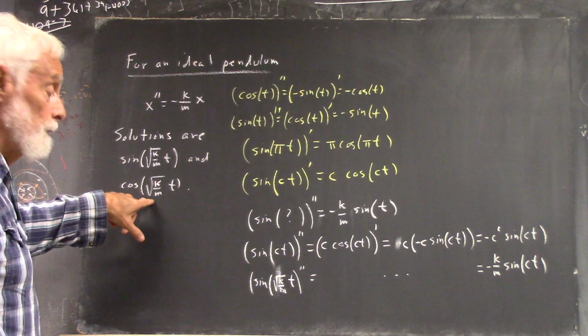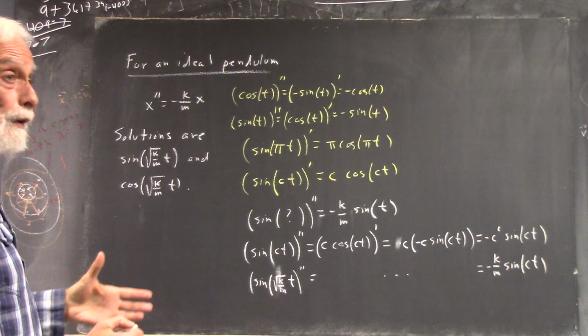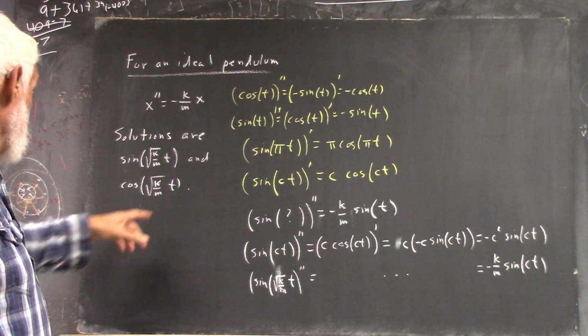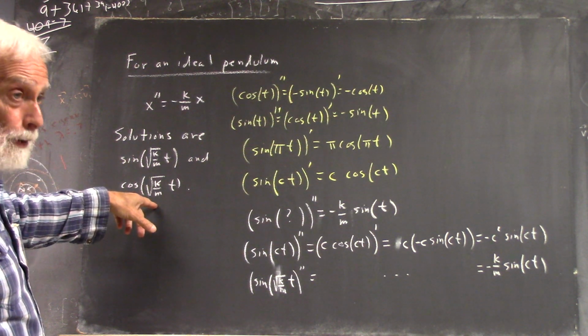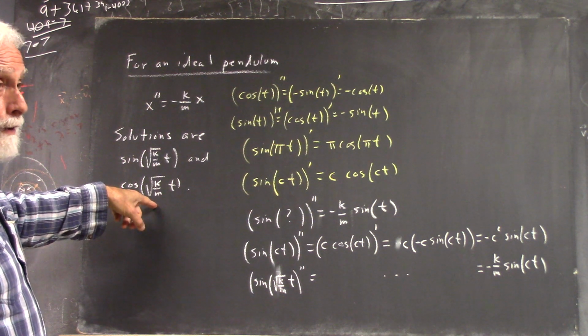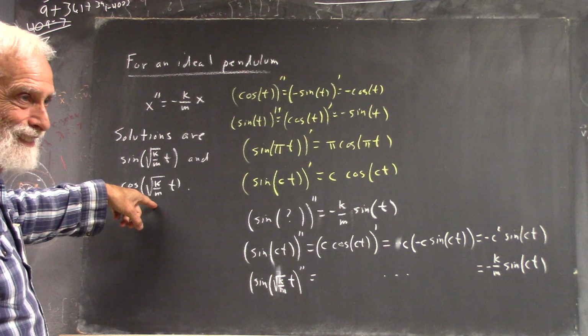Now this square root of k over m thing is maybe one of the last things that we actually do in the chapter, in the text, in the semester, and everybody forgets it. Nobody knows what it means, which is why I'm starting the course with it. I'm determined that I will teach at least one class in my life where people understand this.